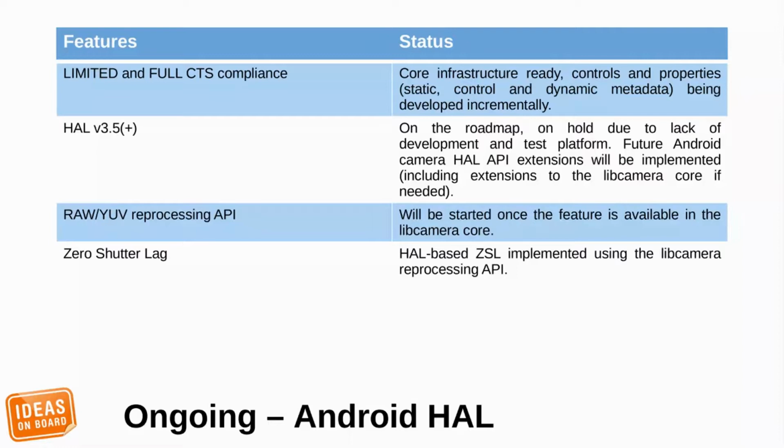And the way that's then implemented is usually that you will capture raw frames and keep them in a ring buffer. And when an image needs to be captured, you go back in that ring buffer of raw frames, you take a raw frame, and then send that raw frame back to the hardware for reprocessing to actually apply the whole processing chain and have a YUV frame that can be used by the application.